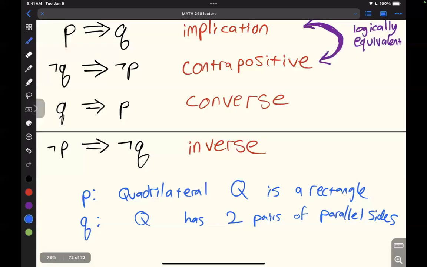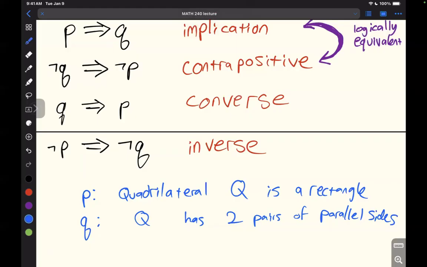And so the implication is if a quadrilateral is a rectangle, then it will have two pairs of parallel sides. The contrapositive is if it does not have two pairs of parallel sides, then it is not a rectangle. The converse is if it has two pairs of parallel sides, then it is a rectangle.